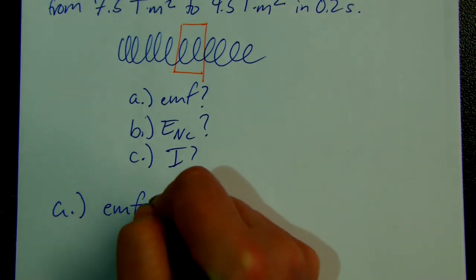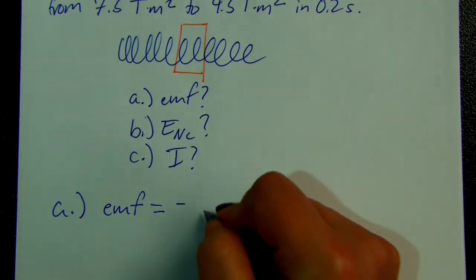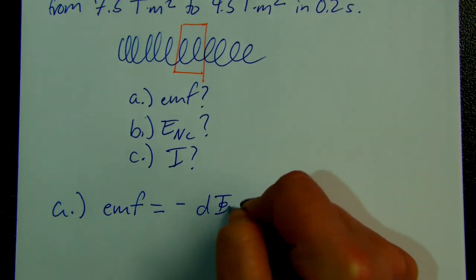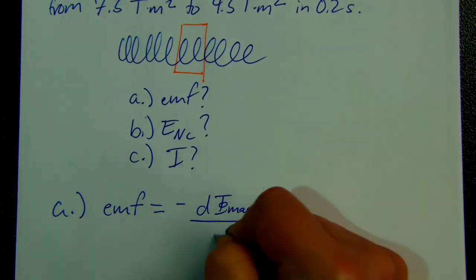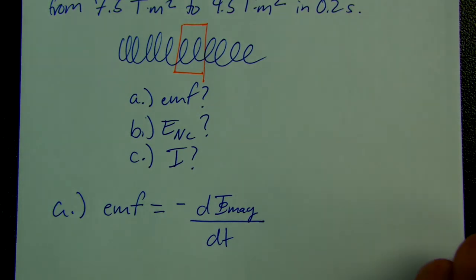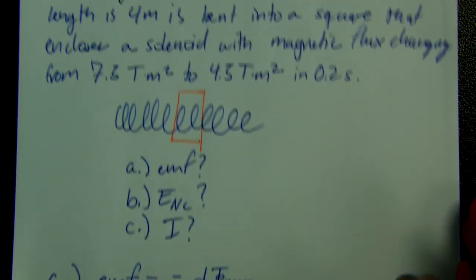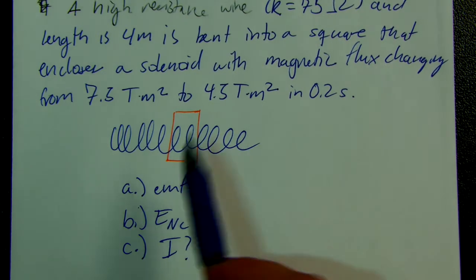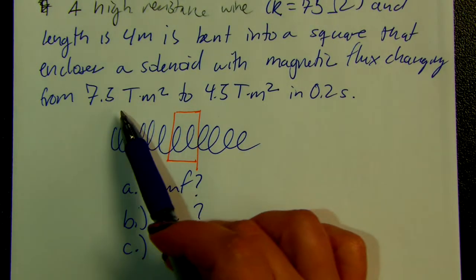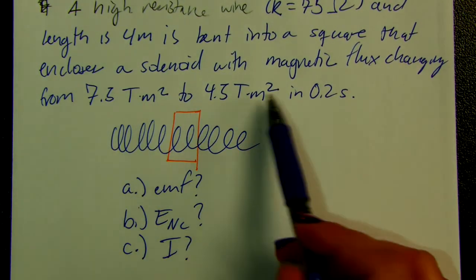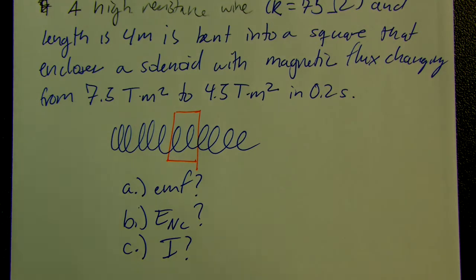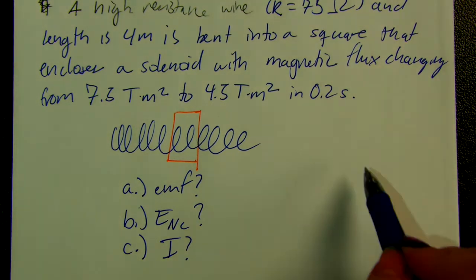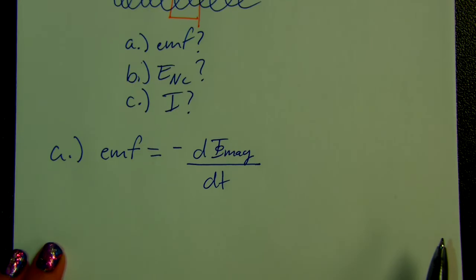So the EMF is equal to minus the rate of change of the magnetic flux. In this particular problem, we've been given the magnetic flux. So we know it's going from 7.5 Tesla meters squared to 4.5 Tesla meters squared. And this is occurring over a time period of 0.2 seconds.